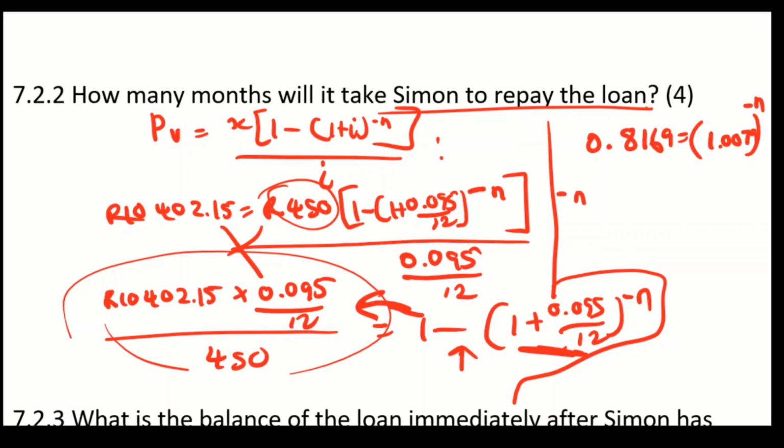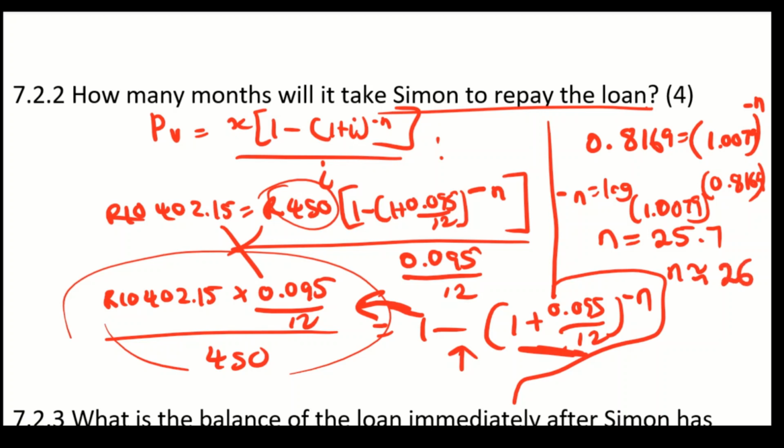And negative n is equal to the log base 1.0079 of 0.8169, and then your n value is supposed to give you 25.7, which when you approximate it should be 26, right? So 26 months is how many months it will take for Simon to repay this loan, right?